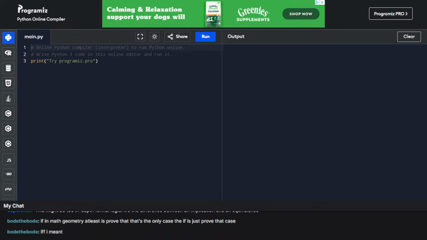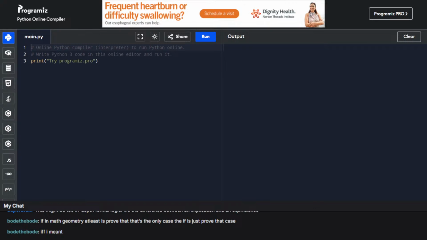Okay. It's the difference between an implication and an equivalence. So in this case, if you just use if and you do not use if and only if, is if the equivalence and if and only if is the implication? If in math, geometry at least, is prove that there's the only case. Oh, if is just prove that case.